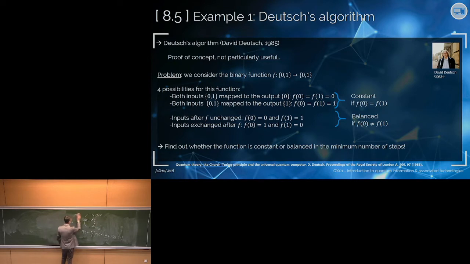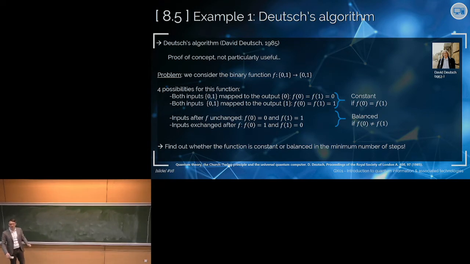I mention that date of 1985 because in the original article, this is where David Deutsch postulated that we could build a universal quantum computer. The title was Quantum Theory, the Church-Turing Principle and the Universal Quantum Computer. Okay, so it was published in 1985.